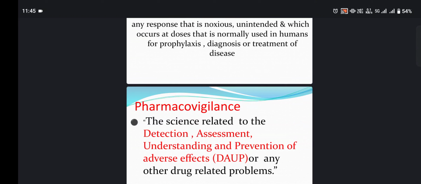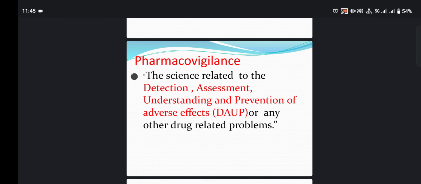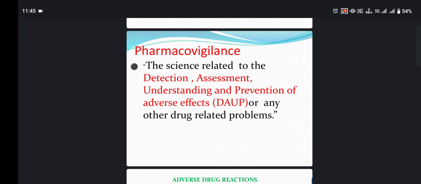So what is pharmacovigilance? It is the science related to the detection, assessment, understanding, and prevention of adverse effects or any other drug related problems. So any department which deals with drug related problems is called pharmacovigilance.